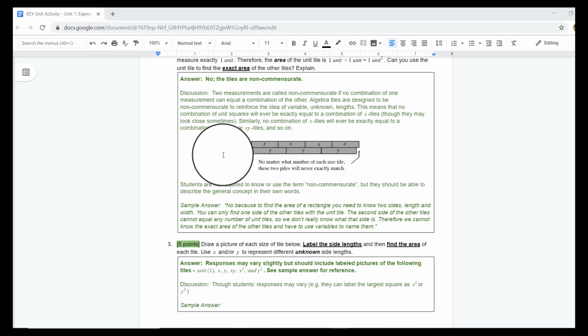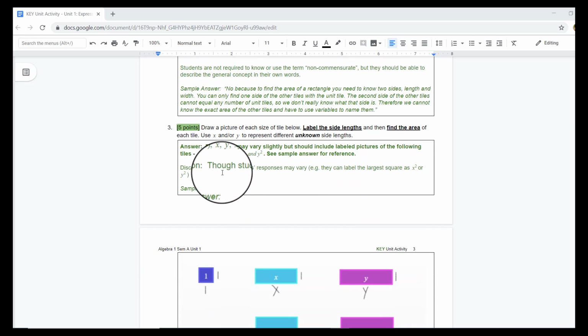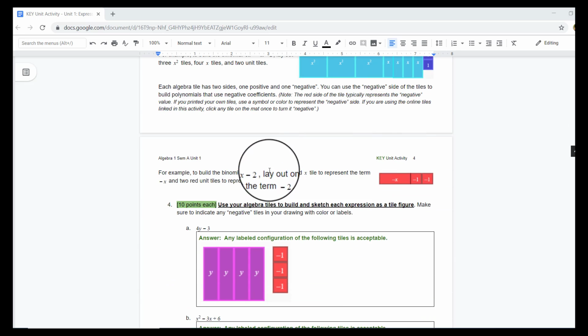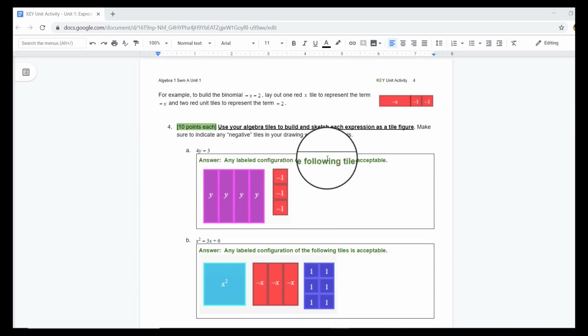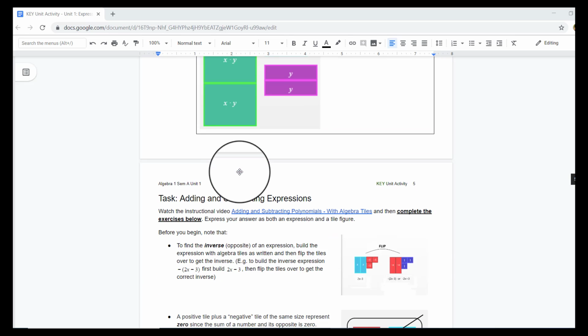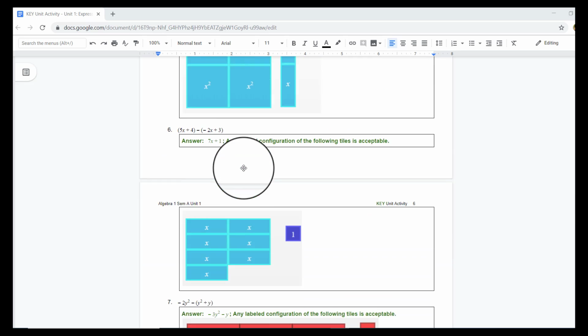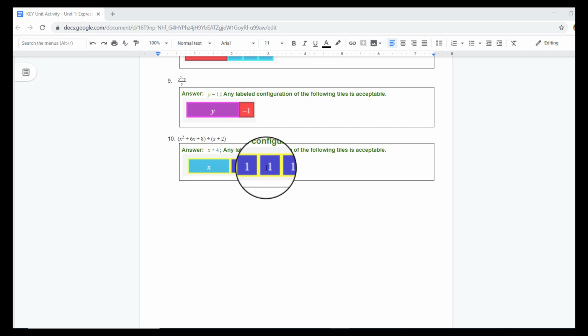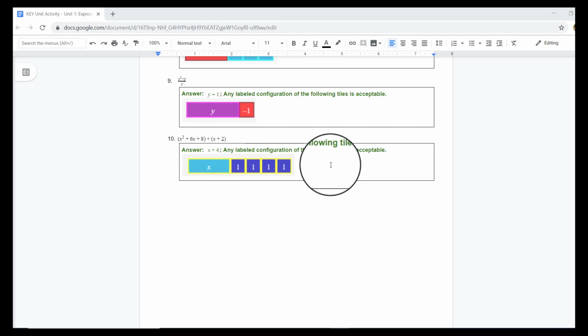We guide you through this for each of the tasks. So you are given the answer for each task along with a discussion so that you may have these conversations with your students and feel confident in doing the math.